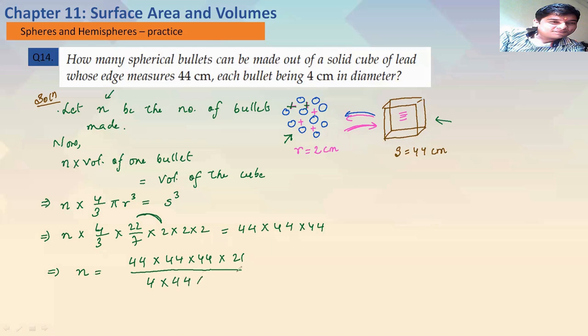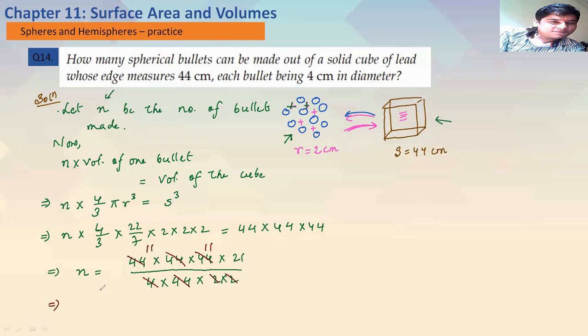And then we have a couple of 2's. So what can we do? We can cancel out 44, 44 common. Then we have 4 11 times and 2 2's for 11 times.